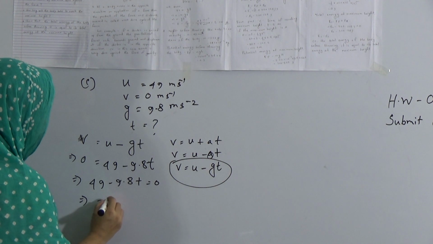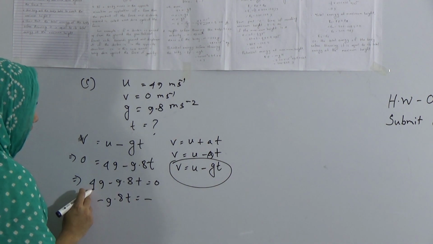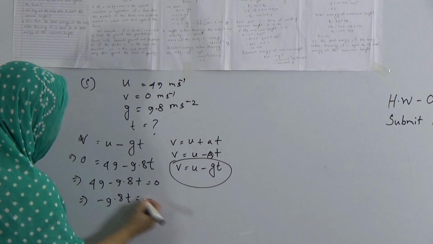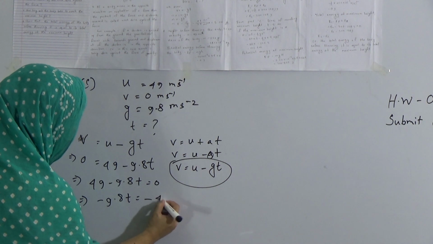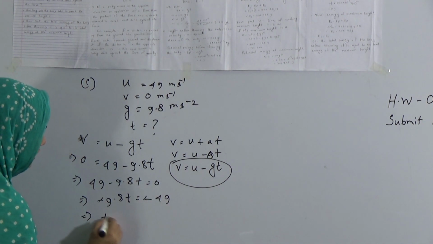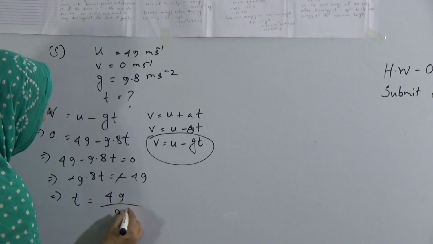So minus 9.8t equals, here this is plus, and for changing this side we will write minus 49, that means minus vanishes. So t equals 49 divided by 9.8.